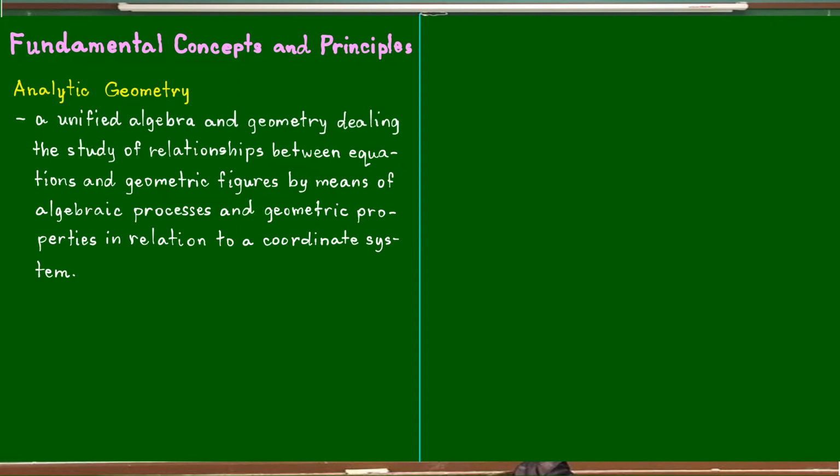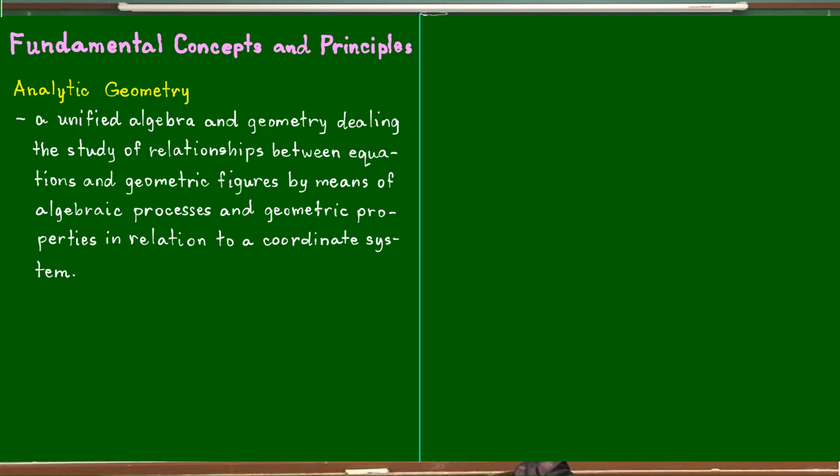Before, a geometric figure like a straight line couldn't be represented in algebraic form, meaning in terms of an equation. But because of René Descartes' Cartesian plane, mathematicians were able to connect algebra to geometry and geometry to algebra.